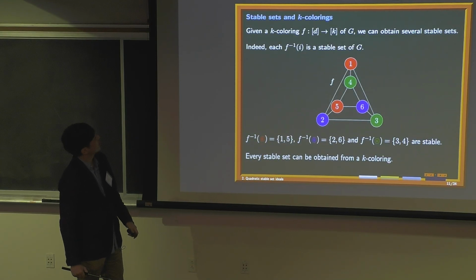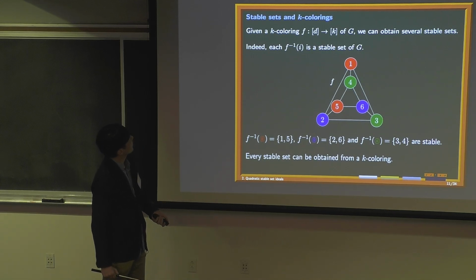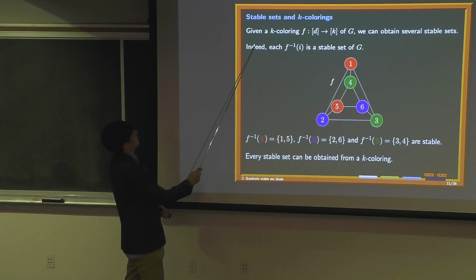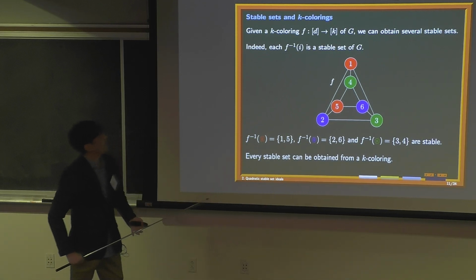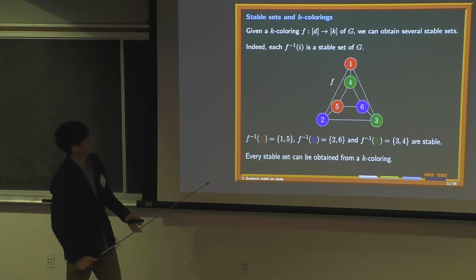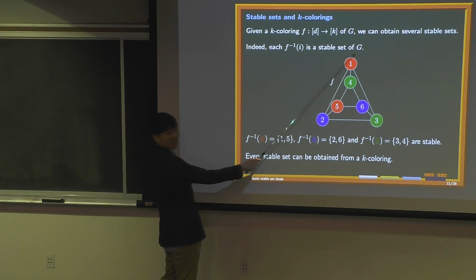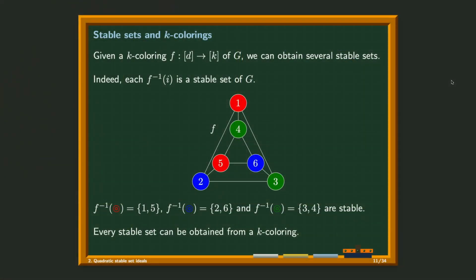Okay. So next, I want to discuss the relationship between stable sets and k-colorings. Given a k-coloring f, we can obtain several stable sets of G. Each set of vertices with the same color is a stable set of G. For example, we consider these three colorings. Then these red vertices, green vertices and blue vertices, each vertex set is stable by definition.